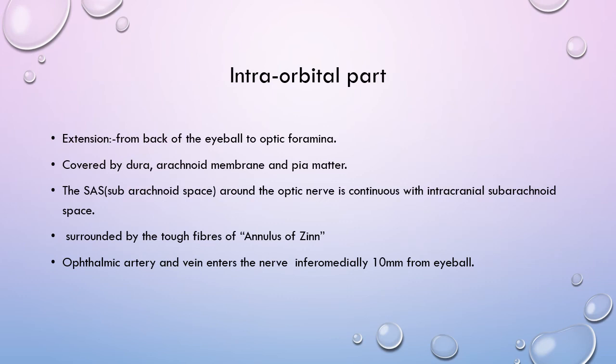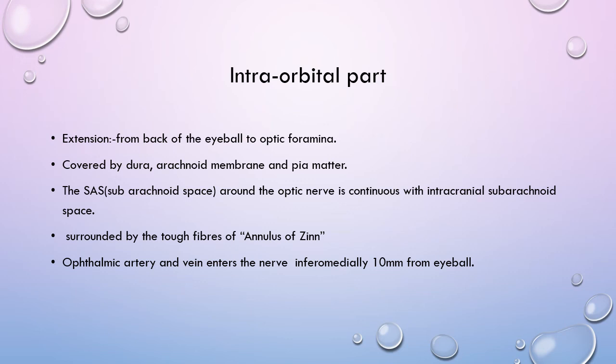Now coming to the intraorbital part of the optic nerve. It extends from the back of the eyeball to the optic foramen. It is covered by dura, arachnoid and pia. The subarachnoid space around the optic nerve is continuous with the intracranial subarachnoid space. A very important clinical application of this knowledge is papilledema. I will repeat this: the subarachnoid space around the optic nerve contains CSF.